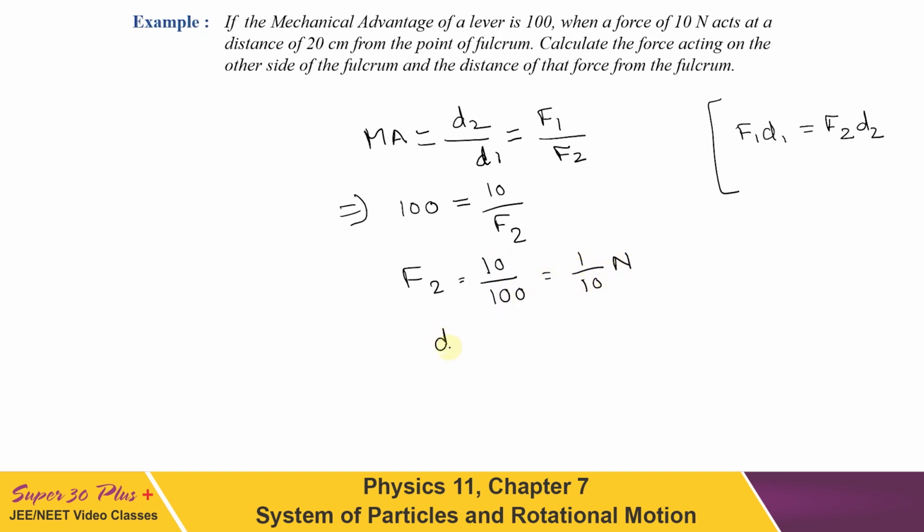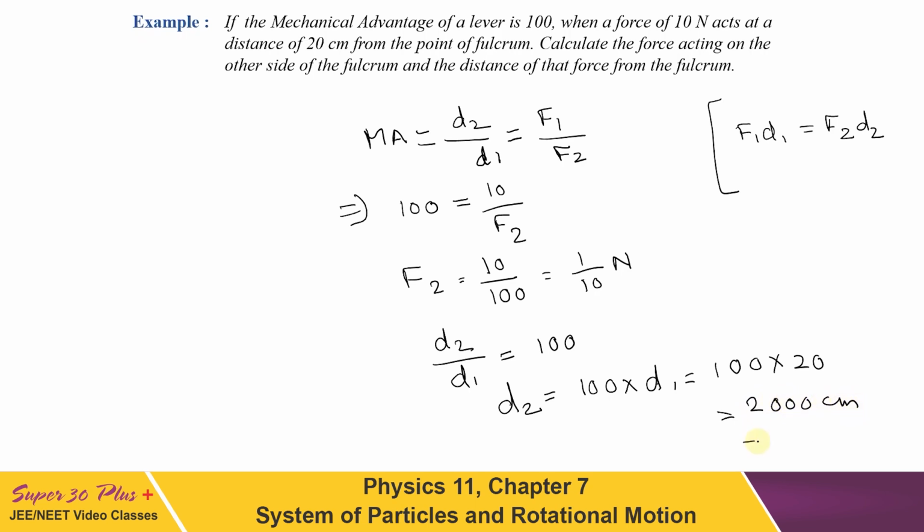Also, since d2 by d1 is mechanical advantage as well, we can write d2 equal to mechanical advantage into d1, and d1 is given 20 centimeter, so this will be equal to 100 into 20, that is 2000 centimeter, which is equal to 20 meter.